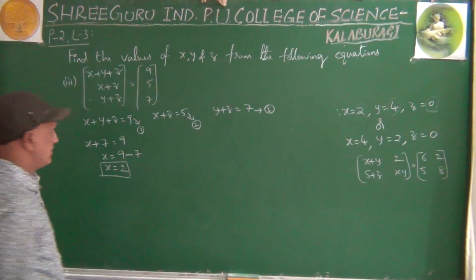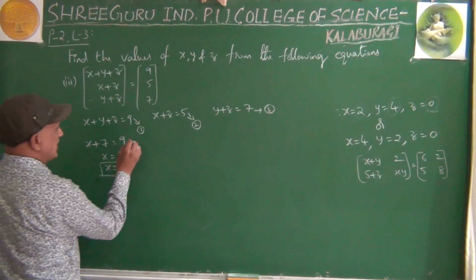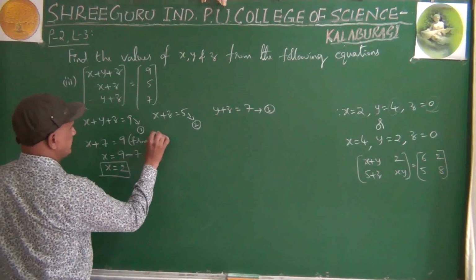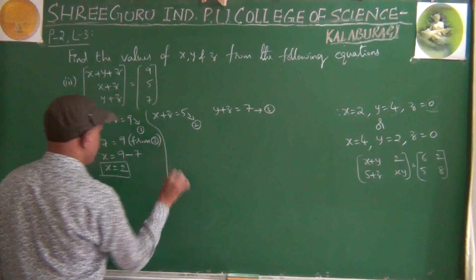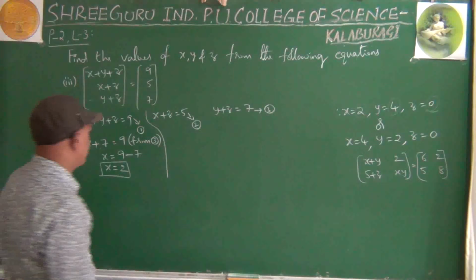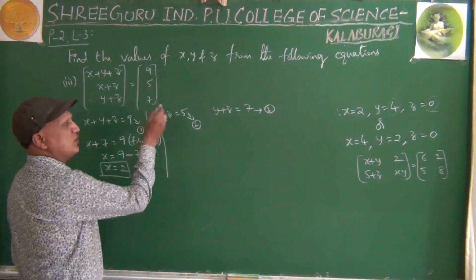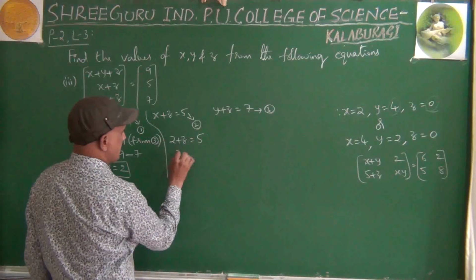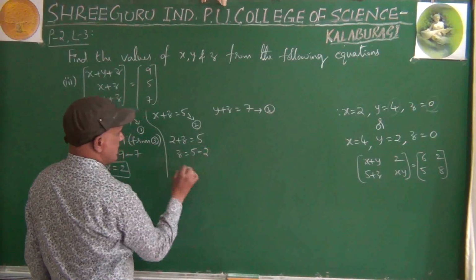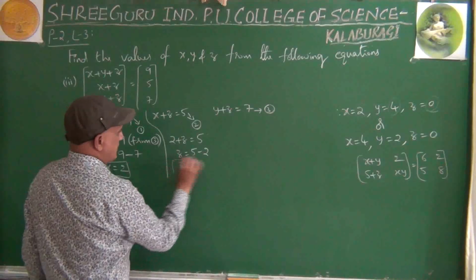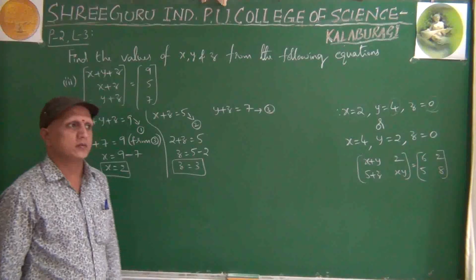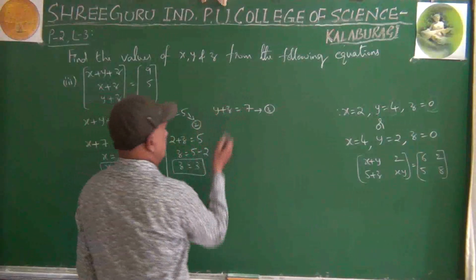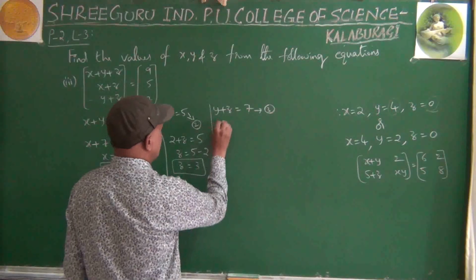Clear? From where we got this, we may get a doubt, so I will write it here. Okay now, x equal to 2, put here. z equal to 3, put here, you will get y. Simple one.